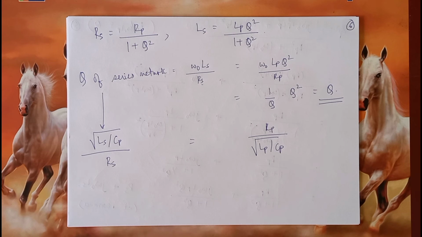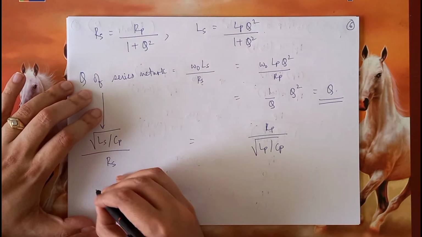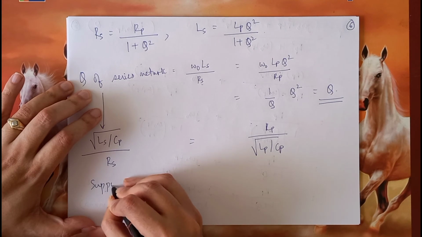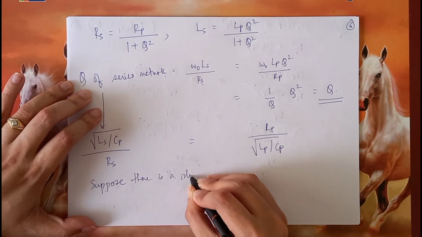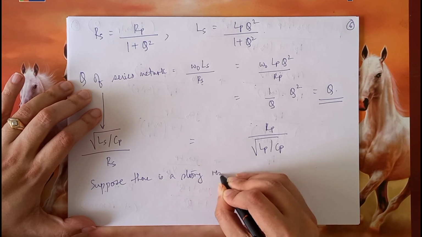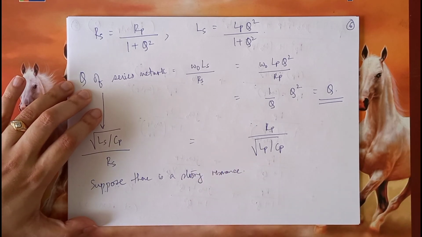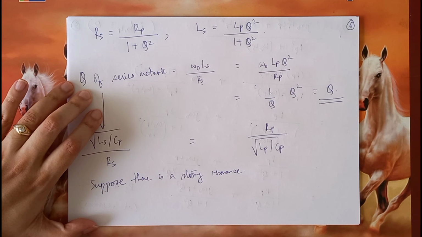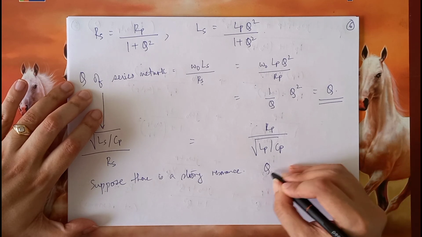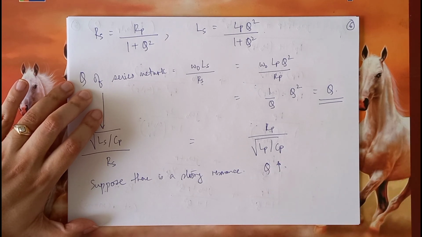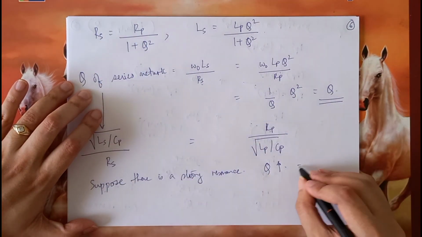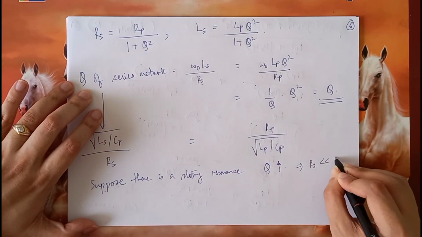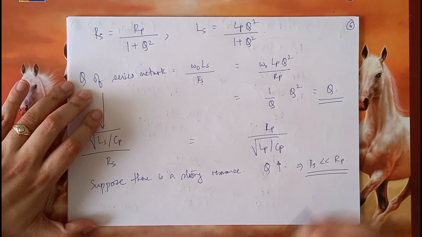Now, suppose there is a strong resonance. That means the Q is very, very high. In that case, what we can see is that the Rs will be much, much less than Rp.